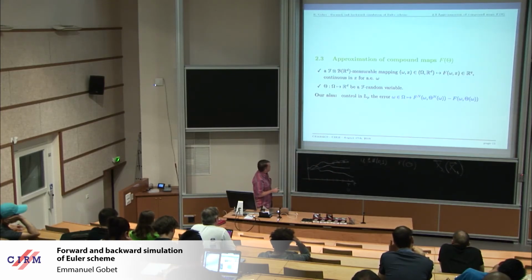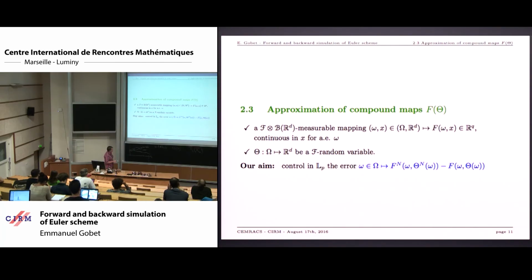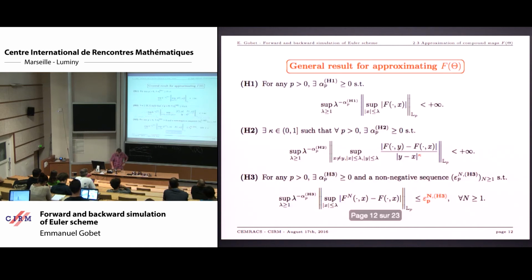So we're going to produce an approximation of the random map F and an approximation of theta. What is the rate for the approximation of the composition of the two quantities? Is there any generic tool to do this? In fact, there's an assumption. Essentially, the random map F has to be Hölder continuous of an exponent kappa.